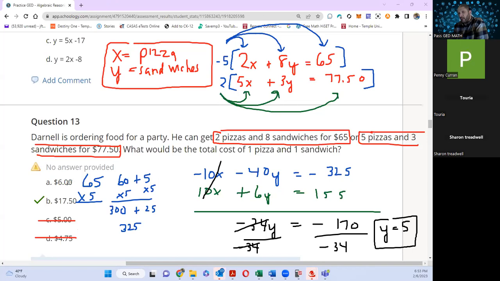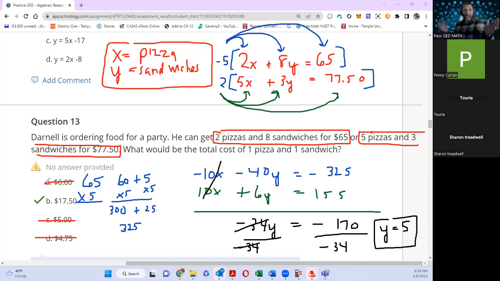If a sandwich costs $5, you tell me a sandwich and a pizza costs $6? No. So common sense tells you I can eliminate that, because both of them are not going to cost $6 if the sandwich costs $5. So that's what I mean by once you have part of an answer, if you look at your multiple choice, a lot of times you can eliminate options.